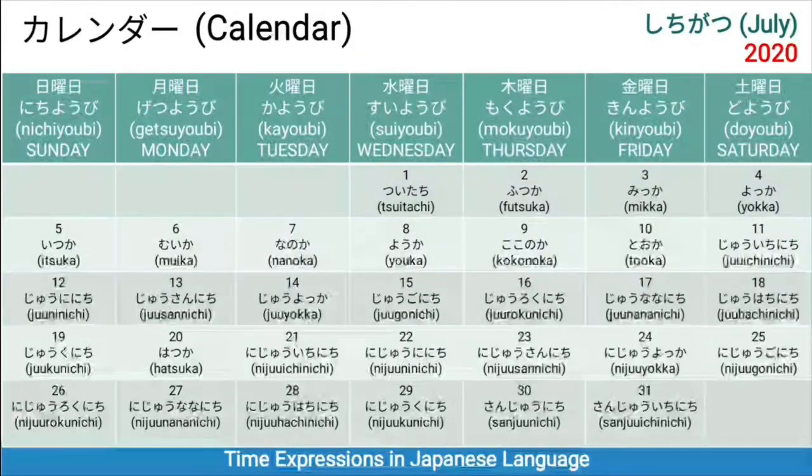So, we have here the Sunday. Sunday in Nihongo is Nichiyobi. The kanji of Nichiyobi is the kanji of hi or nichi, sun or day. Monday is Getsuyobi. The Getsuyobi kanji is the kanji of month, tsuki or getsu.